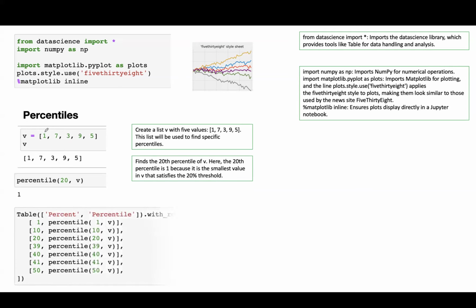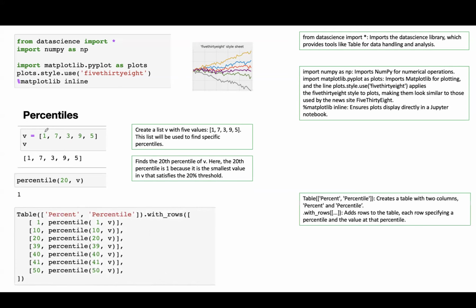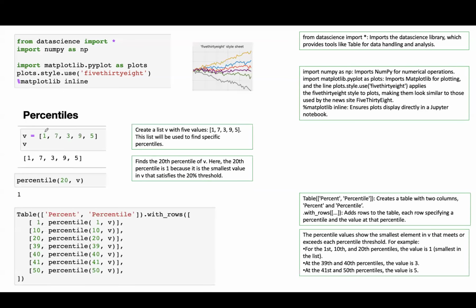So let's create a table and have all of these percentiles. You can see that the percent and the percentile associated with it can be written this way. The table has 2 columns, percent and percentile, and it adds rows to the table, each row specifying a percent and the value at that percentile.